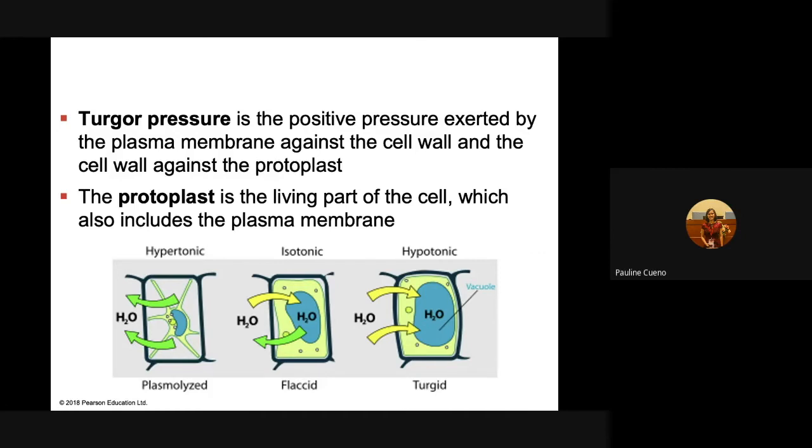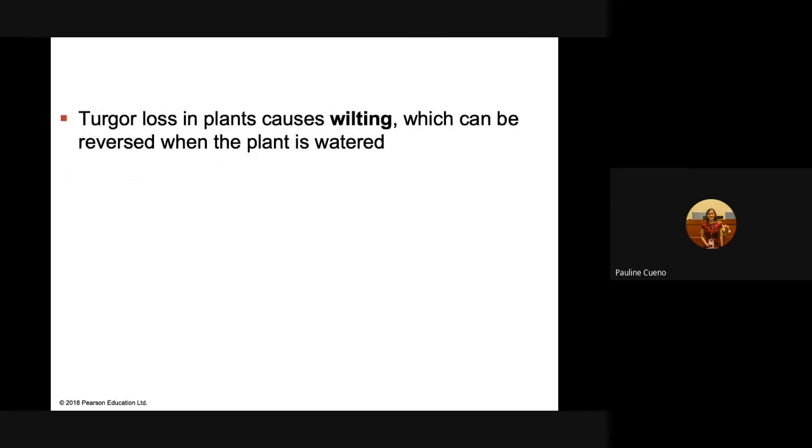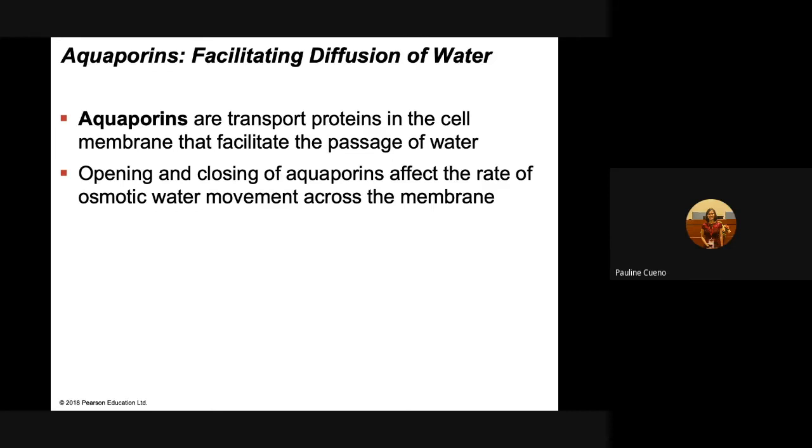Okay? And those exert turgor pressure, which is the pressure exerted by the plasma membrane against the cell wall and the cell wall against the protoplast. So, that's it: flaccid, plasmolysed, and turgid. And then, we also have the aquaporins. Aquaporins are the transport proteins in the cell membrane that facilitate the passage of water.